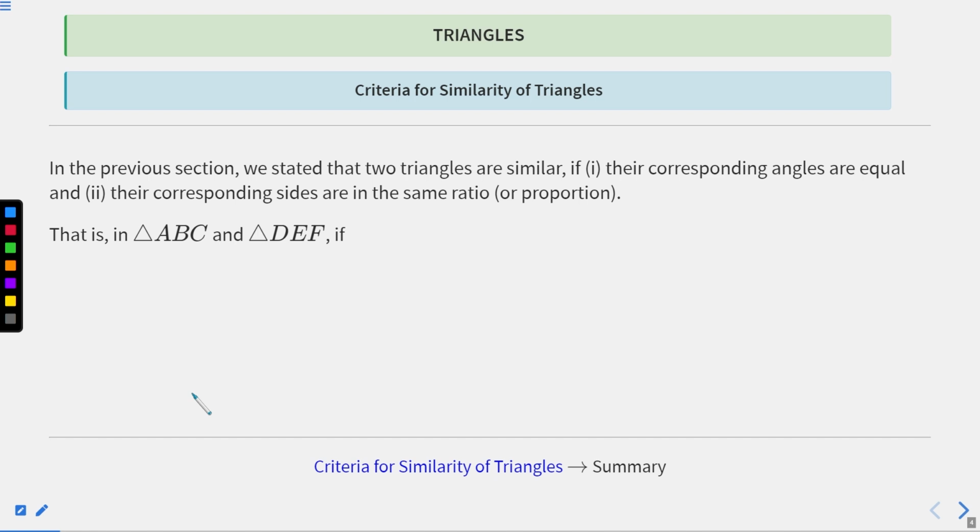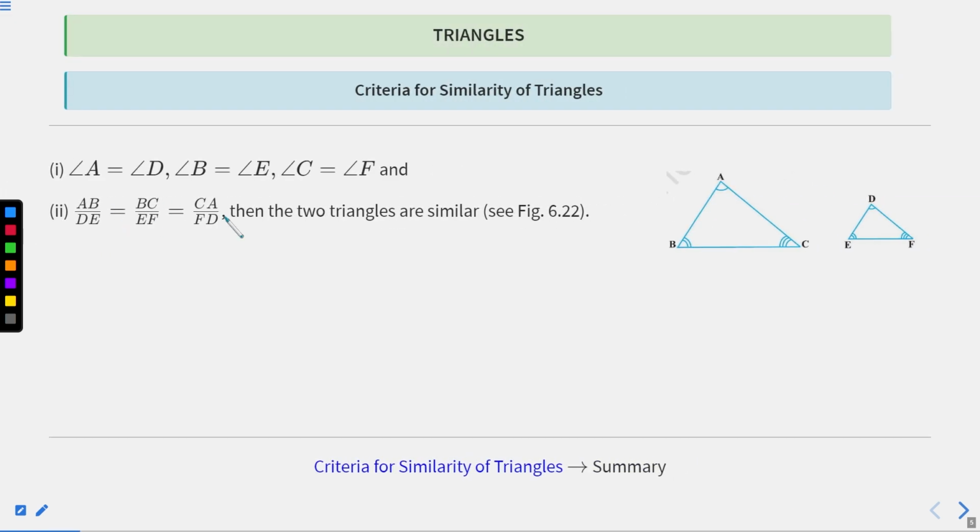That is, in triangle ABC and triangle DEF, they are similar if angle A is equal to angle D, angle B is equal to angle E, and angle C is equal to angle F.